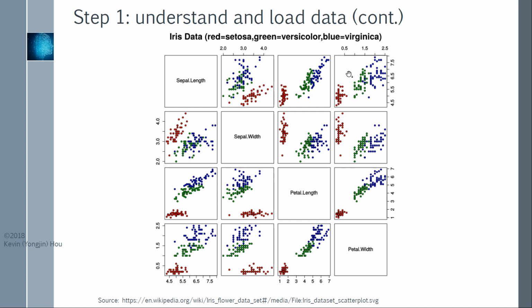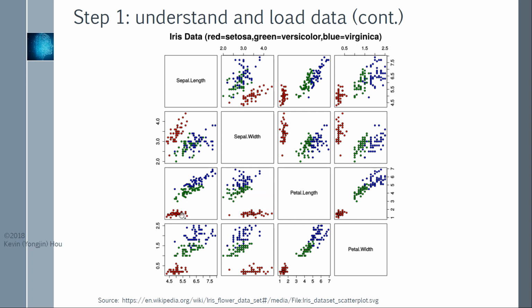And let's pick one, let's go column by column, right? First column, everything down here, literally we're making the sepal length the x variable. This particular plot has sepal length as the x variable and the sepal width as the y variable.